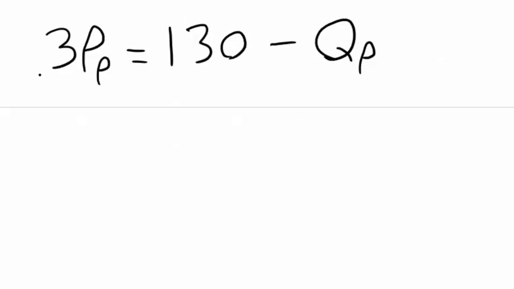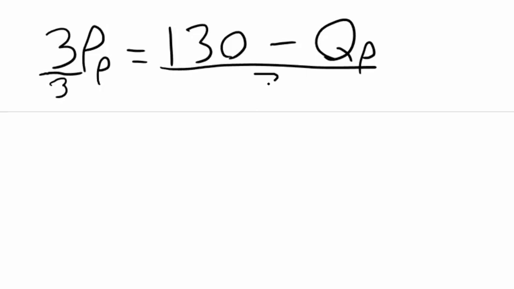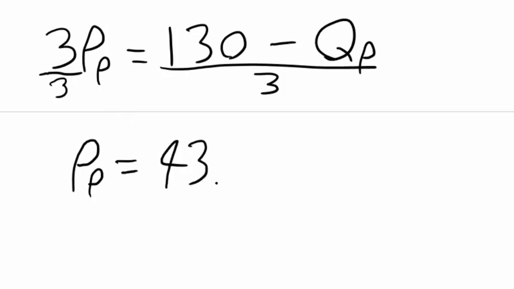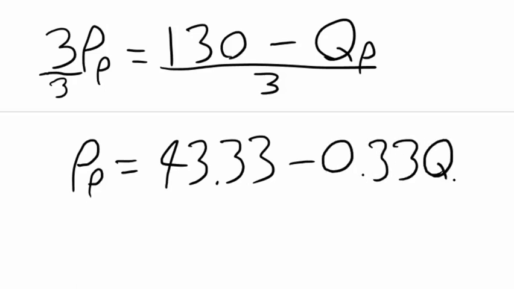Now if we divide both sides by 3, we get a price function for processors of 43.33 minus 0.33 times the quantity of processors. And so we have the price function for processors.